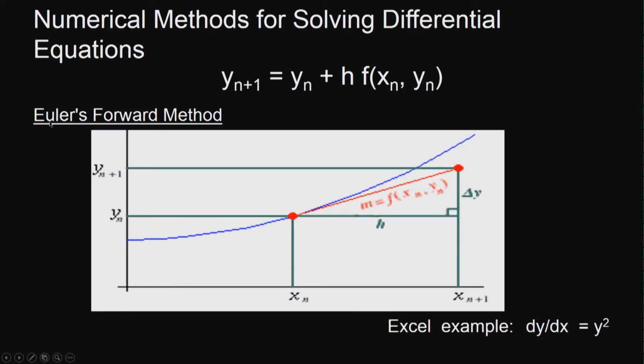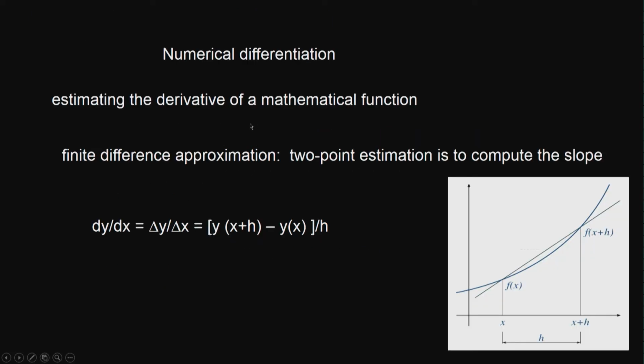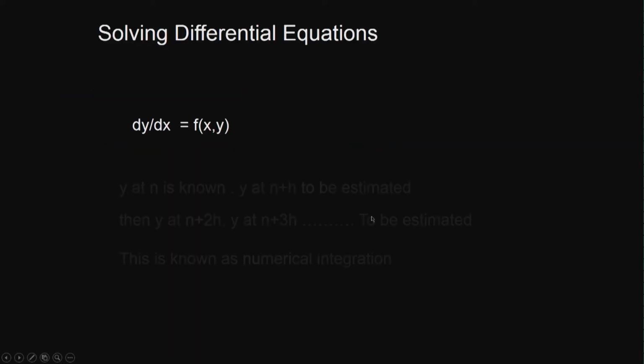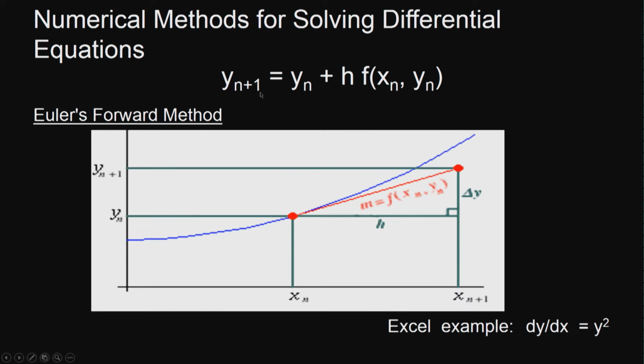The simplest method is Euler's forward method. It is similar to the original one we looked at a long time back. So y(x plus h), and on the same way here, yn plus 1 is equal to yn plus h times f(xn, yn).